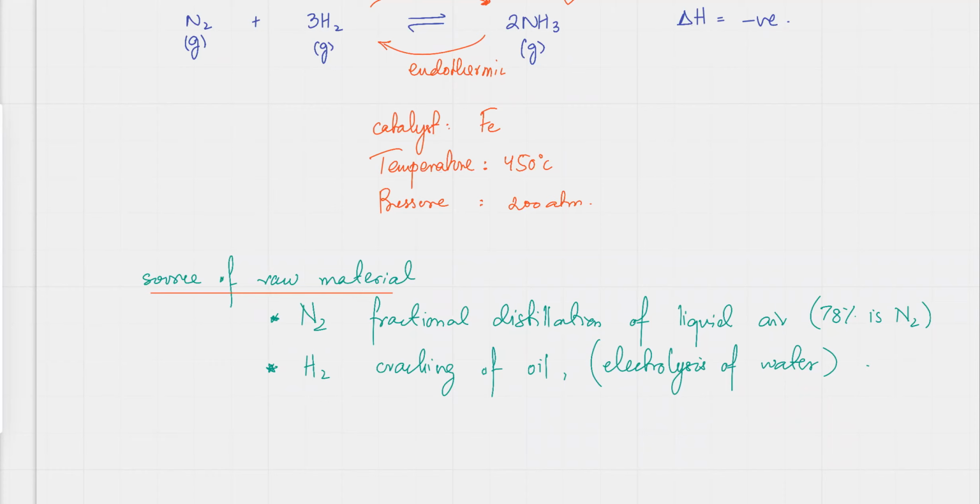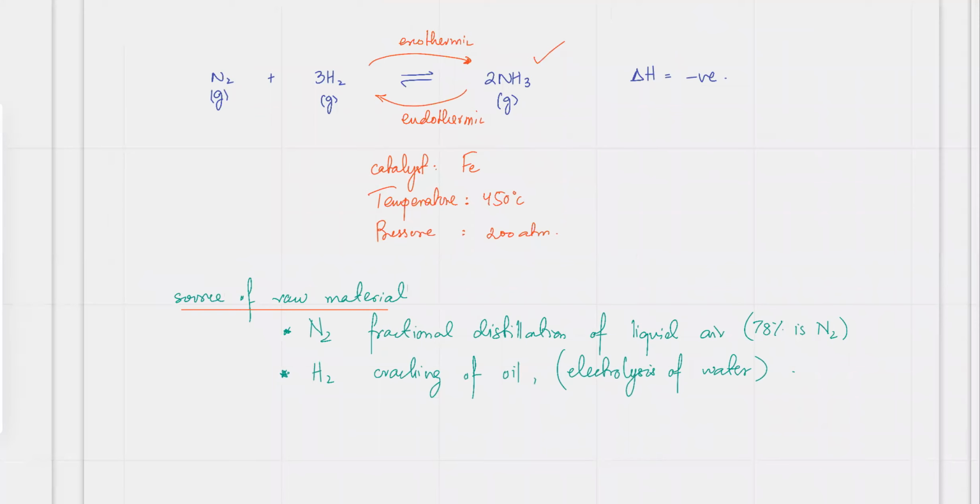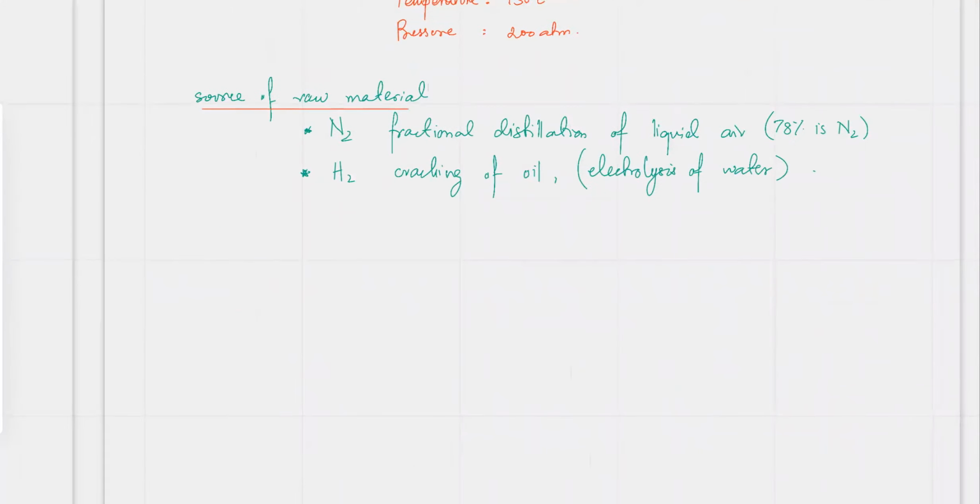Now you have this Haber process. We know what the source is. Here's a little random diagram.